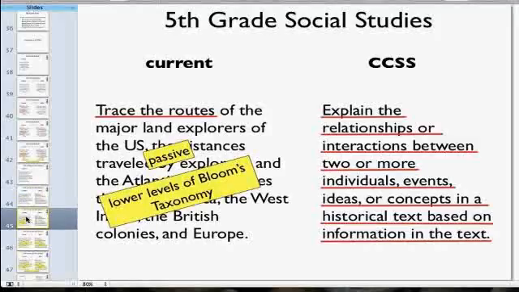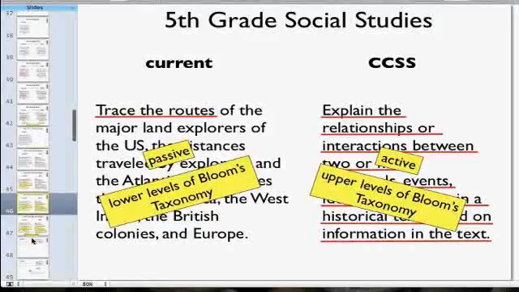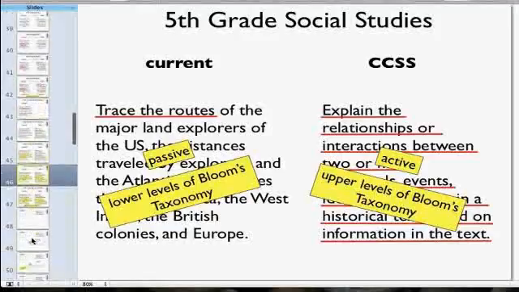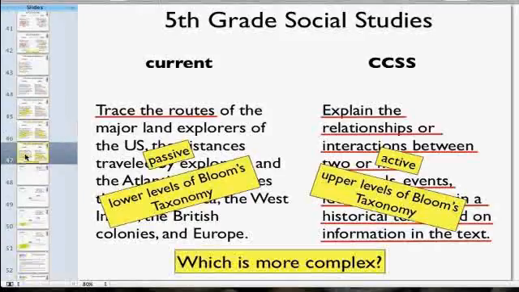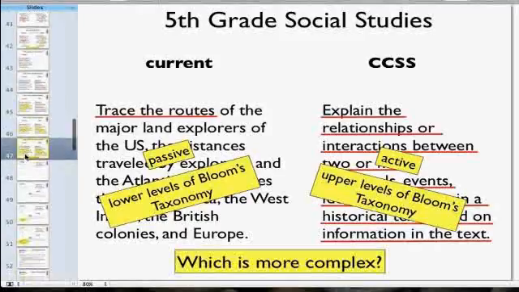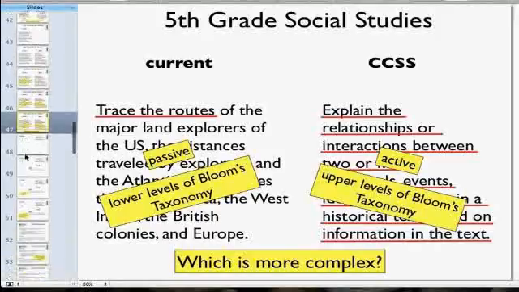This again is fairly passive and also does not require the level of Bloom's that the Common Core does. So when you look at these two and you consider which is more complex, I think that it's fairly obvious that with the Common Core, the level of complexity far outweighs the current.